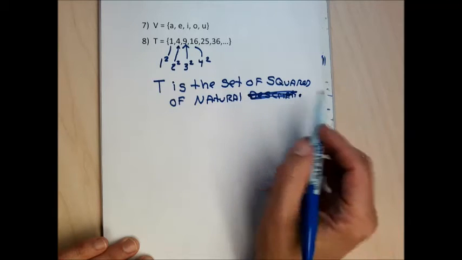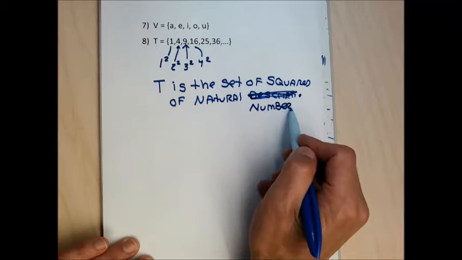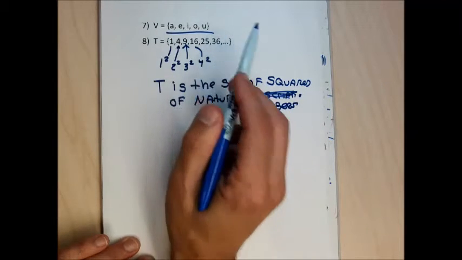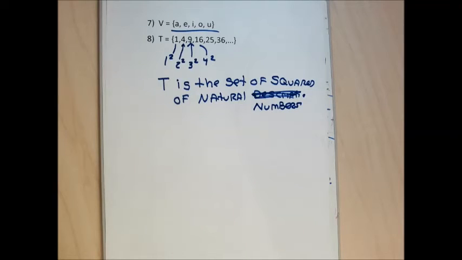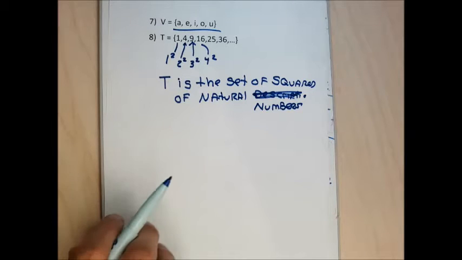T is the set of the squares of natural numbers. For your set A, E, I, O, and U, I'd say it's the set of vowels. I guess I don't have the sometimes Y in there, but when I wrote that, I intended you to say V is the set of vowels in the English alphabet or something of that nature.